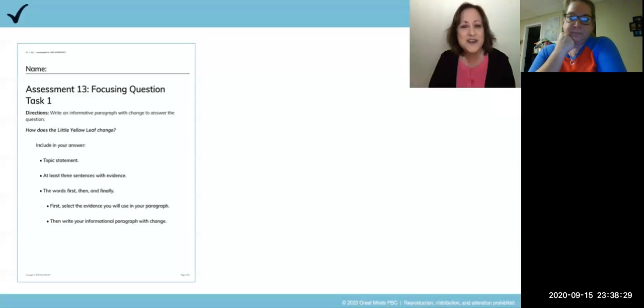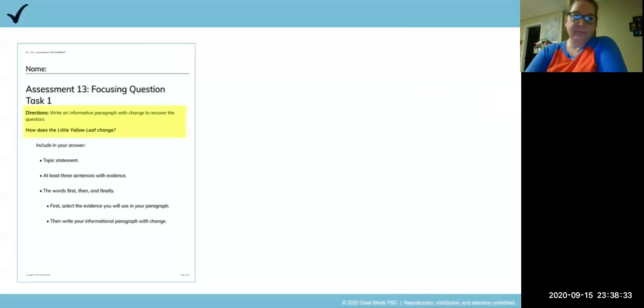Let's review the directions for the focusing question task. Write an informative paragraph with change to answer the question, how does little yellow leaf change? It's important to include the following in your answer: a topic statement, at least 3 sentences with evidence, and the words first, then, and finally.